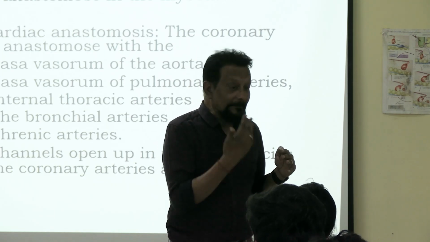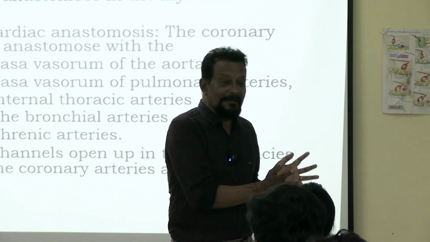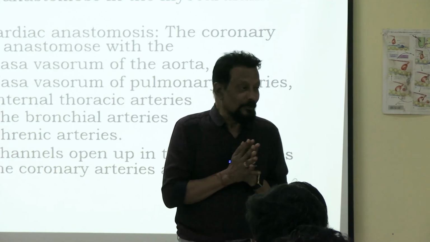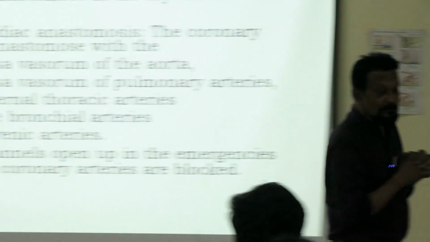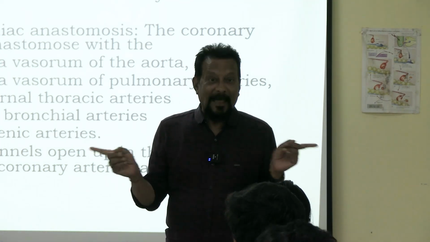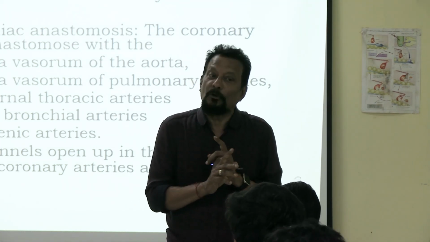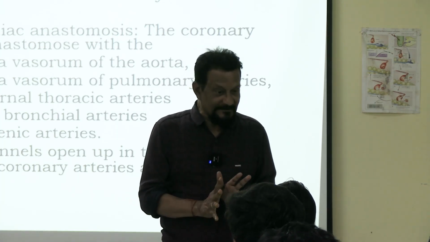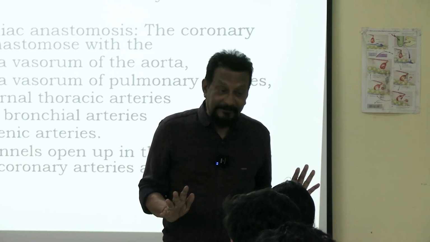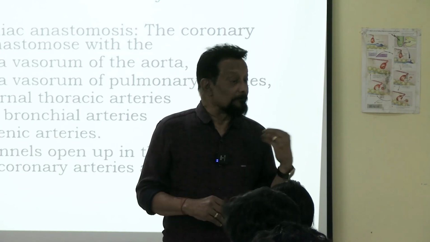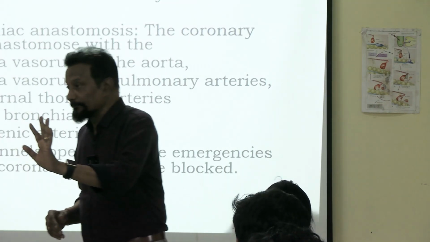They gradually become active so that the area doesn't die. So these collaterals are also called anastomosis. Anatomically their presence is there, but functionally it is not there. It becomes functional when there is any block. Understood this point? Okay, fine.